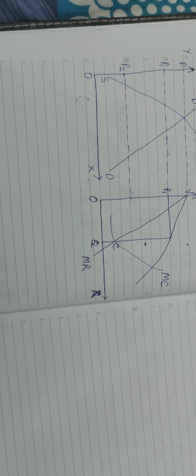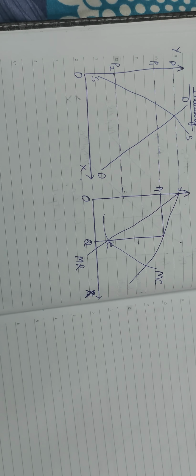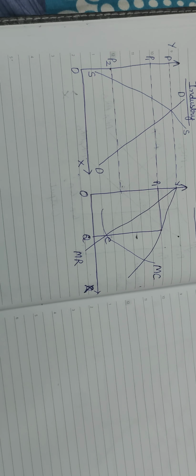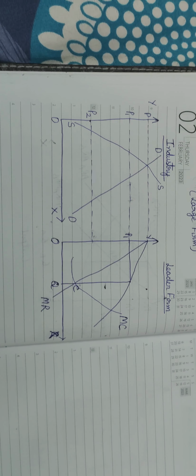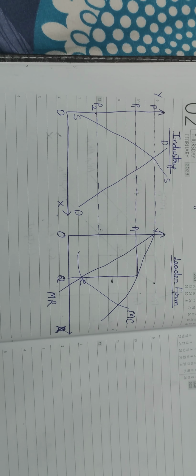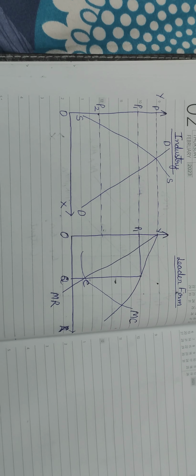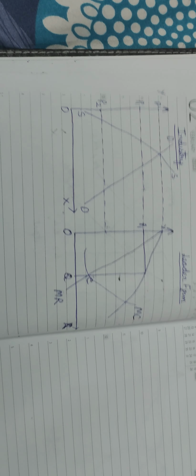I'm again repeating, there is a large dominant firm and a number of smaller firms. First condition. Second condition is the dominant firm alone is capable of estimating the market demand curve. And the third one is the dominant firm is in a position to calculate the supply of smaller firms.